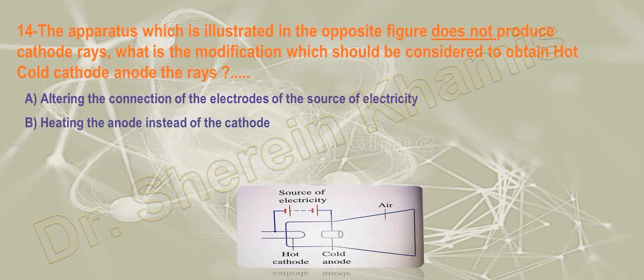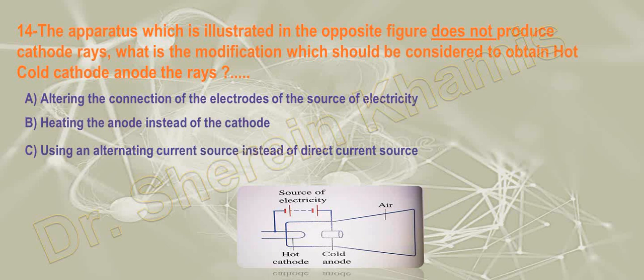I think it's not related. Using an alternating current source instead of a direct current source. It was not mentioned before, but we mentioned that we must take a high potential difference. And the last one, discharging the air from the tube.